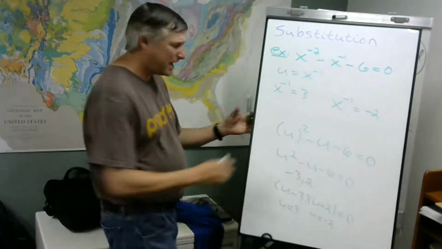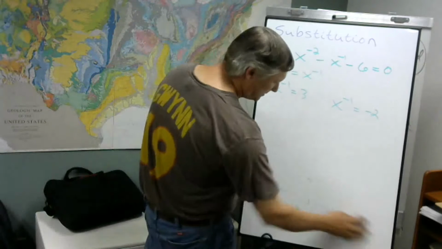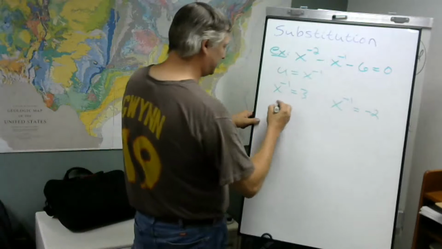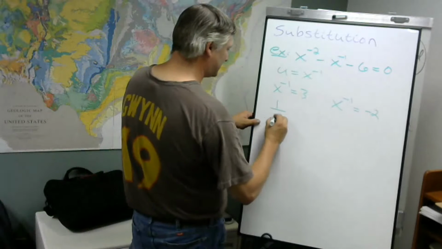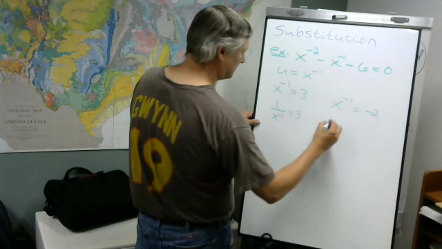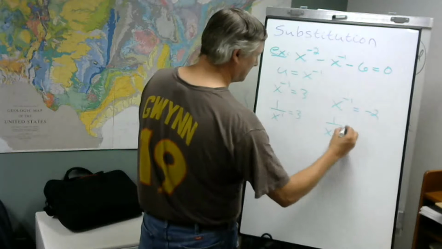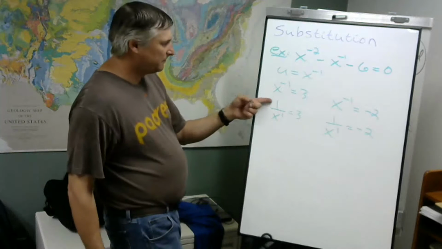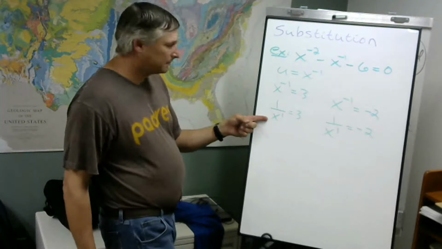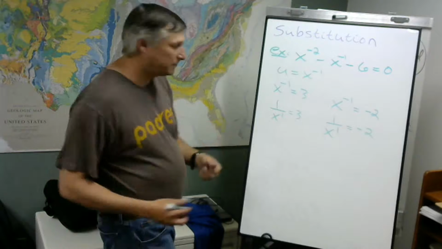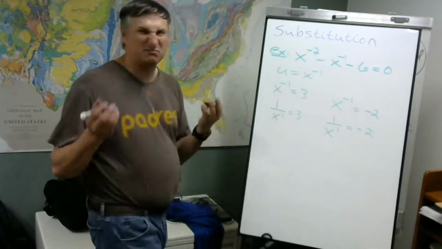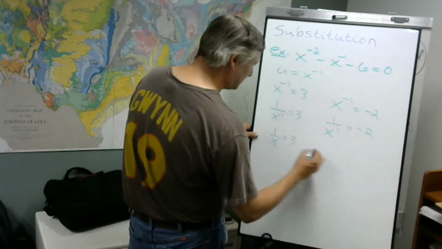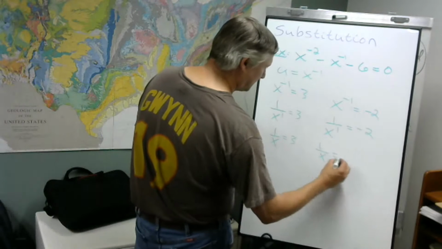And what negative exponents mean is we just flip things. So we can say this is really 1 over x to the positive 1. Doesn't affect this at all. When we flip the negative exponent, we allow it to be positive. And x to the 1 doesn't change anything: 1 over x, 1 over x.